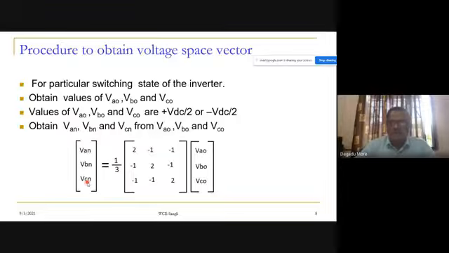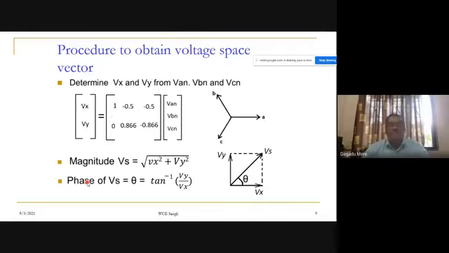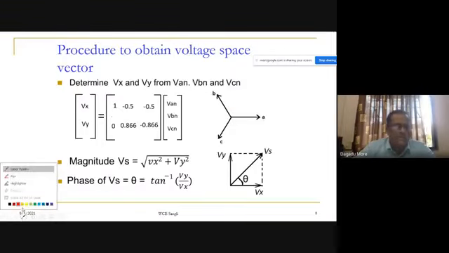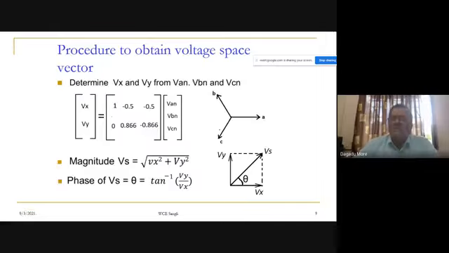Now, once we get the values VAN, VBN, VCN, let us assume that along the x-axis, the a-axis, we have the value VAN.